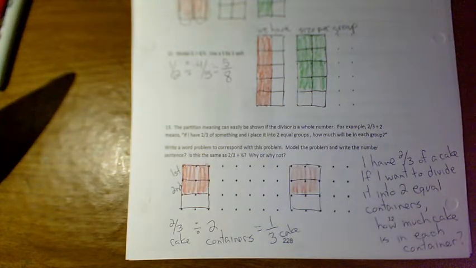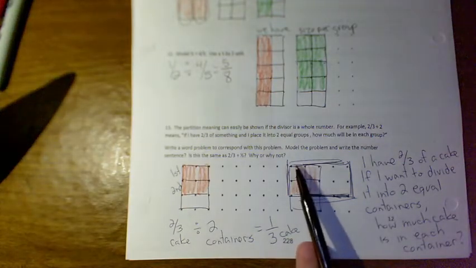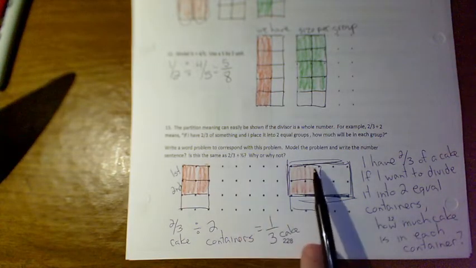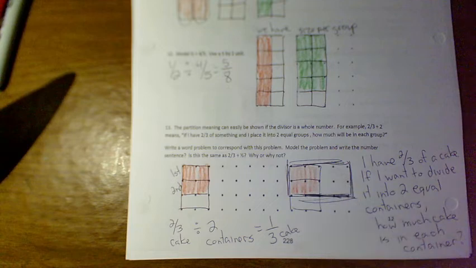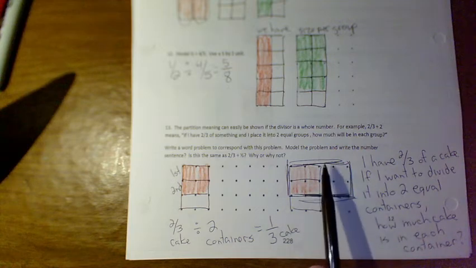This would be like saying, okay, here's 2/3, and that is half of a container. So let's say your container was like this big. So the 2/3 of a cake is being divided into half of a container, and then the question would still be how much is in a full container.